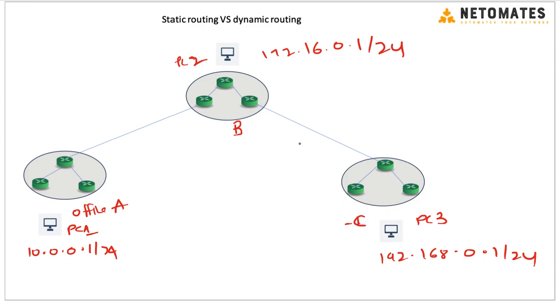We need to do the same in the return direction. For the reply traffic also, we need to tell each router where the 10 network is. Suppose we want to establish communication between PC1 and PC3. For the original ping request, if PC1 is connected to this router, we add a static route here stating that to forward any packet towards this network, we send it to the next hop, which is here.